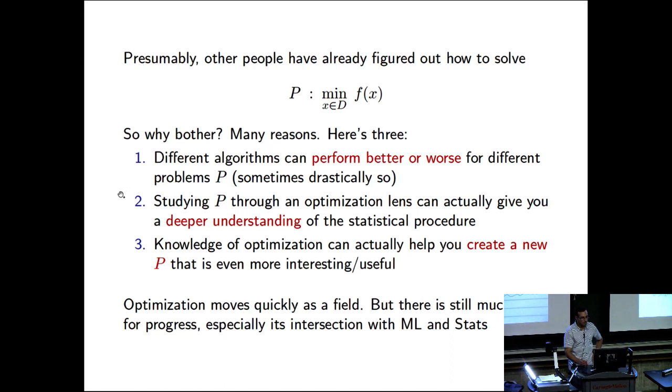And just knowing, for example, that there is a QP solver out there that you can call doesn't always mean that it's going to be useful for your problem. Even if that QP solver can be very efficient for particular types of QPs, if it uses interior point methods, it could actually perform horribly for other types of QPs. And you might prefer to do something different, like coordinate descent.